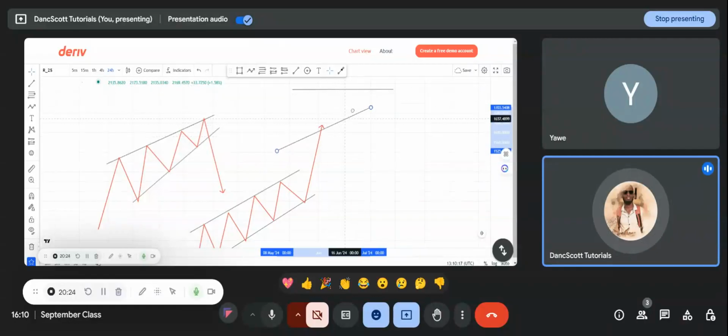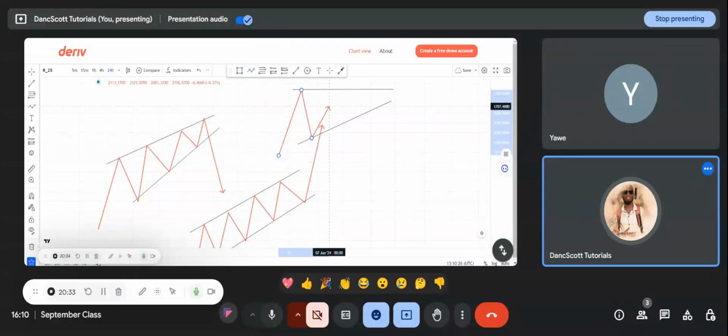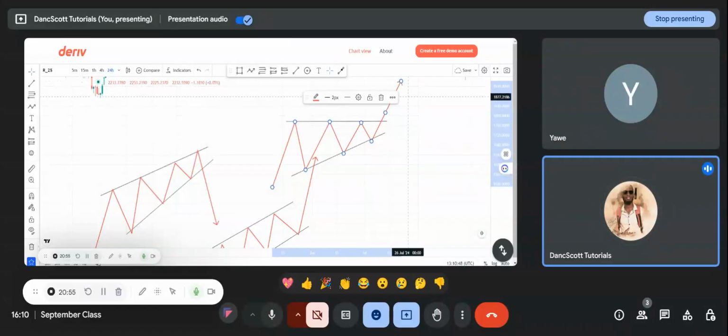Then for a triangle, price will come in like this, like that, like that, and it will continue. It will break going up. So these two are continuation patterns. When you get them, you'll be the happiest.